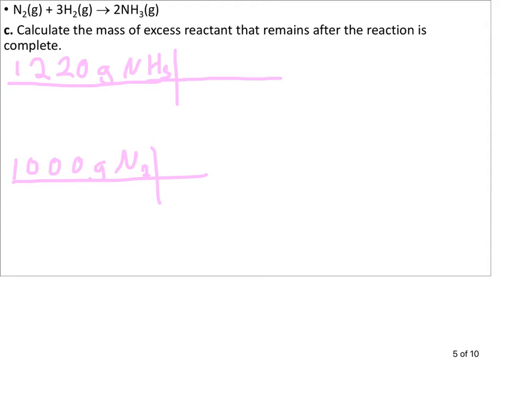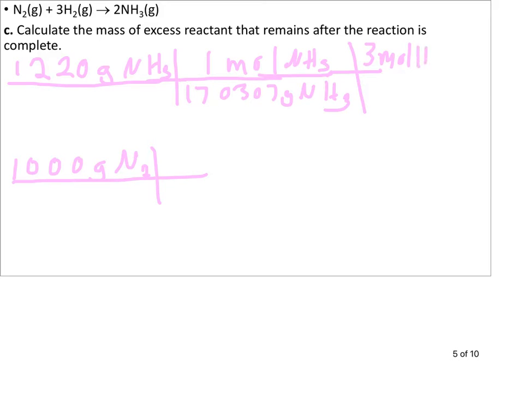So, with the ammonia, we switch it to grams, 17.0307 grams of ammonia and 1 mole of ammonia. Use your mole ratio. 3 moles of hydrogen for every 2 moles of ammonia.